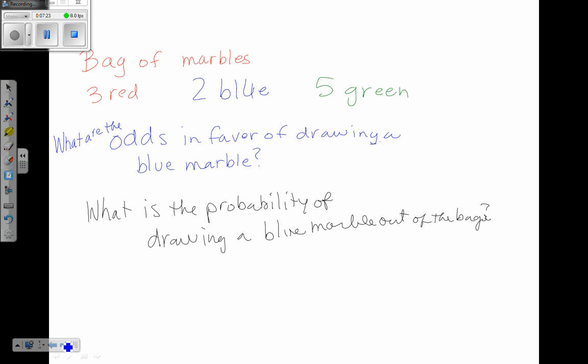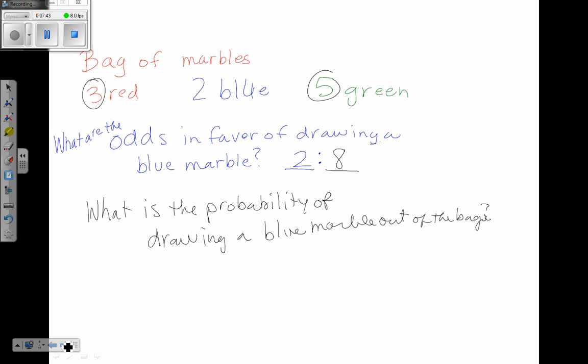So what you do to do the odds is you state how many ways you can actually achieve your given event, which is drawing a blue marble. That's 2 marbles. So we have 2 ways to draw 2 marbles. But then we have 5 green and 3 red. So there are actually 8 marbles that are not blue.